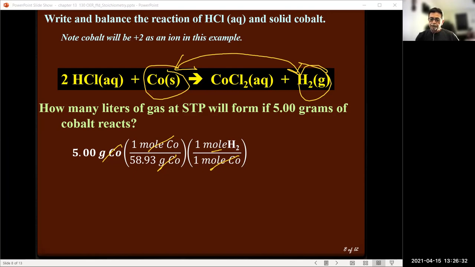Adding my final conversion factor, because I'm at STP and I'm looking for liters. I write down what I'm looking for so I won't lose track. I start off with 5 grams of cobalt and I want to get to liters of hydrogen gas.